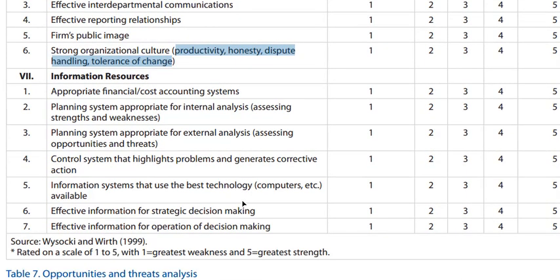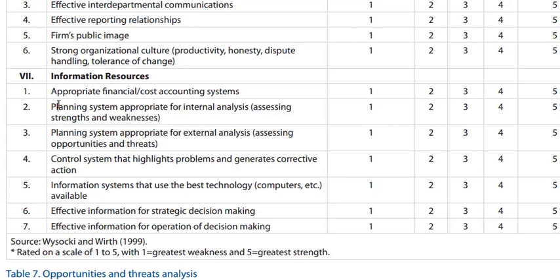Then we talk about the last of the resources, and that is information resources. These information resources also judge the knowledge inside the organization. They are according to different departments, and they are financial cost or accounting systems, whether they are weak or strong in the organization.